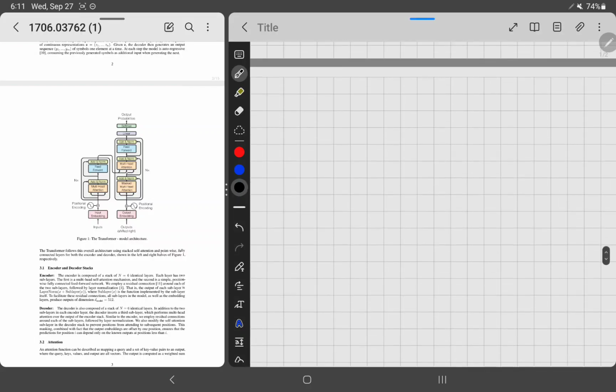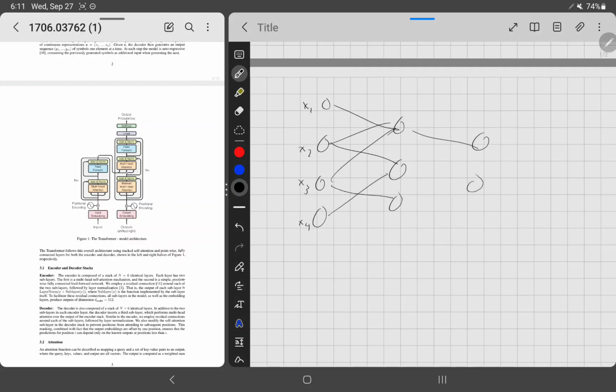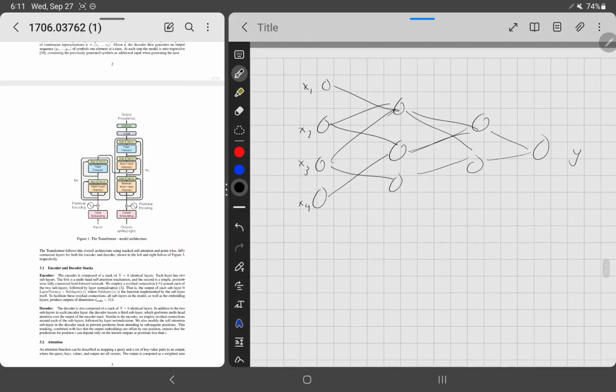You've probably seen the diagrams where you have the nodes here, x1, x2, x3, x4, and then you have some more nodes here, and you connect them all. Then you have some more nodes, and it's fully connected. Then you have a last node, and this is your prediction, y. What you do with this prediction can be whatever. Maybe in this case, we're trying to classify the house: do I want to buy it or not?